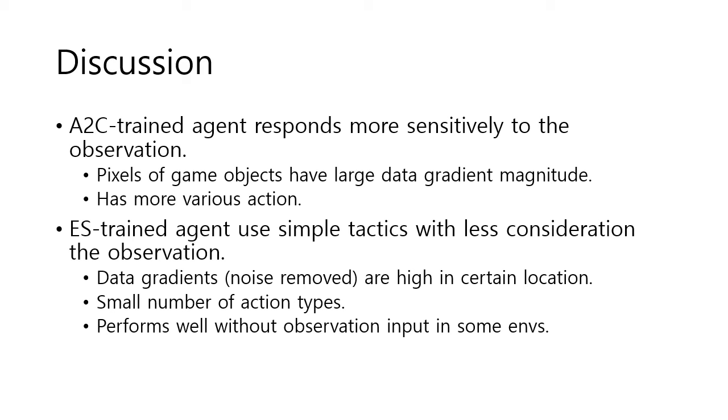The ES-trained agent, however, uses passive tactics with less consideration of the observation. The noise removed data gradient is high in certain locations, and it uses a small number of action types. Furthermore, it sometimes performs well without observation input at all in some environments.